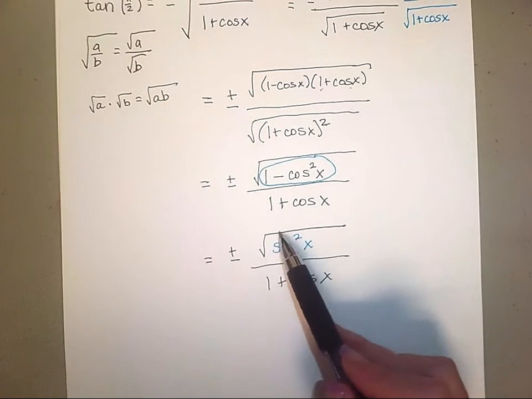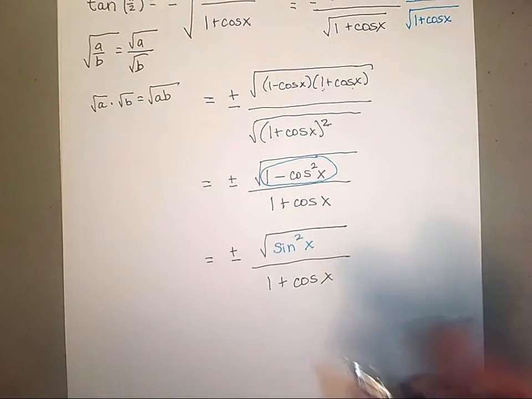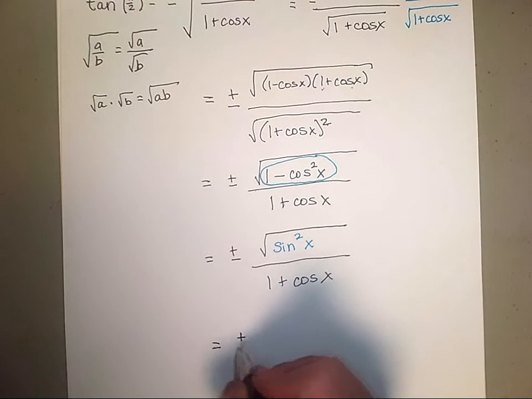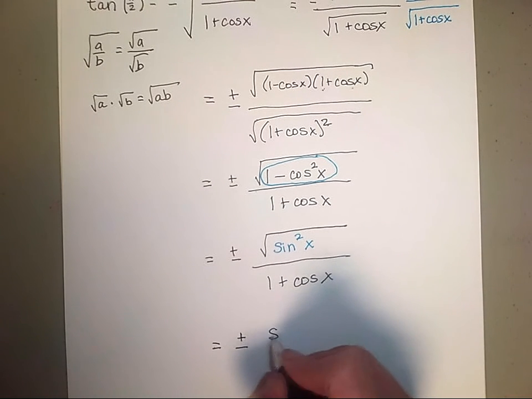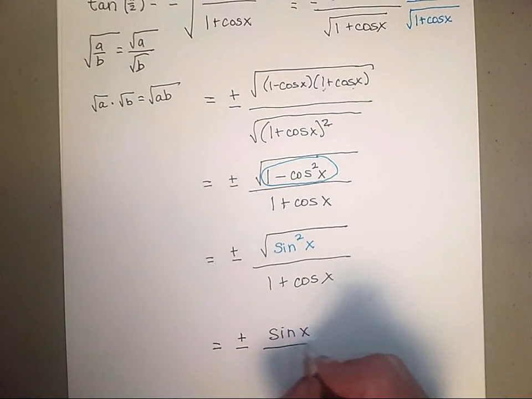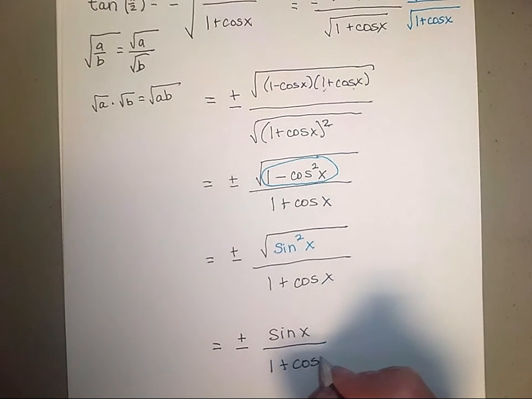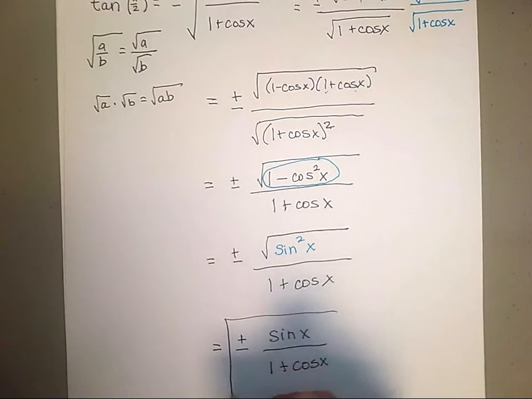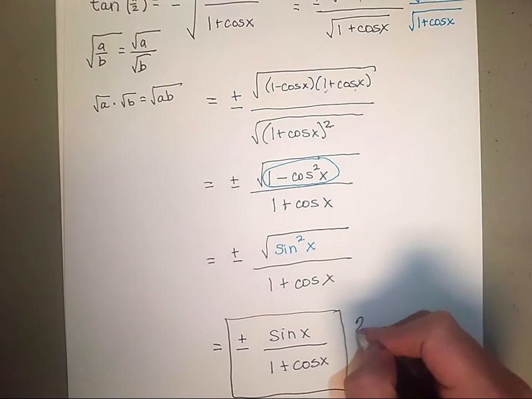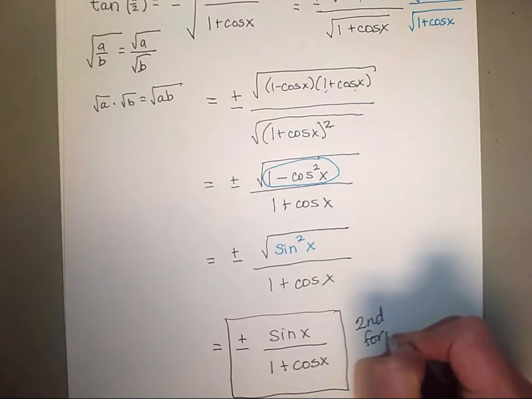And now we can get rid of the radical because the square root and the squaring will undo each other. So we have a third form that's plus or minus just the sine of x over 1 plus the cosine of x. This is our second form.